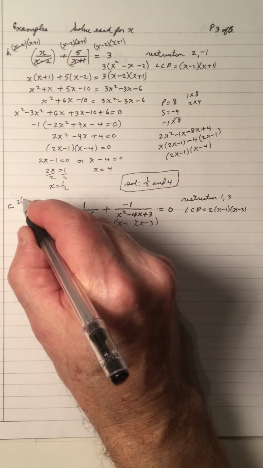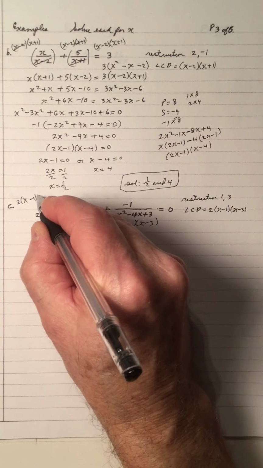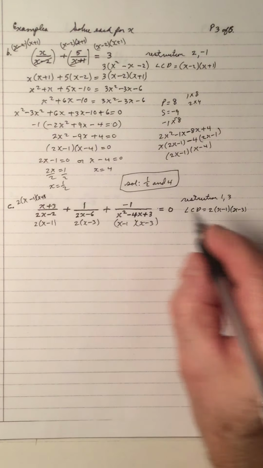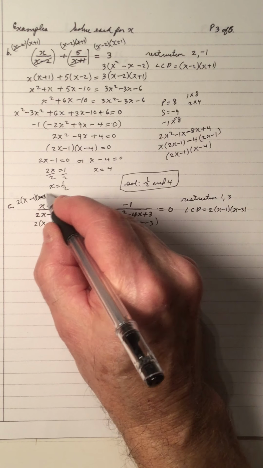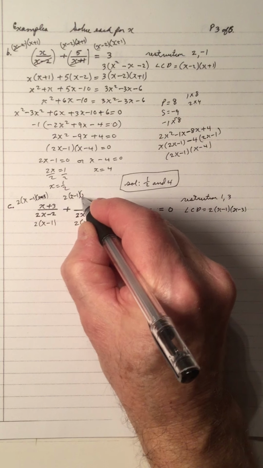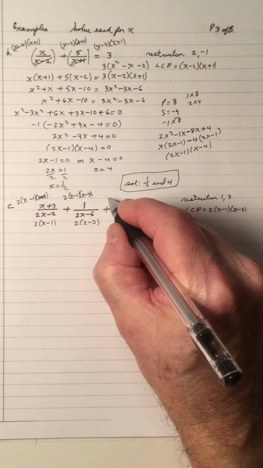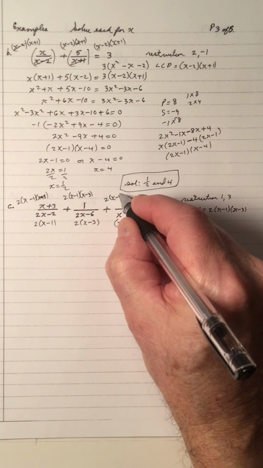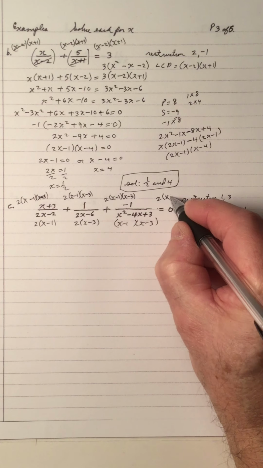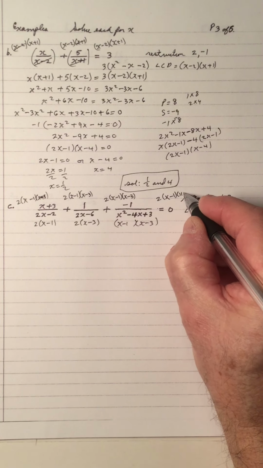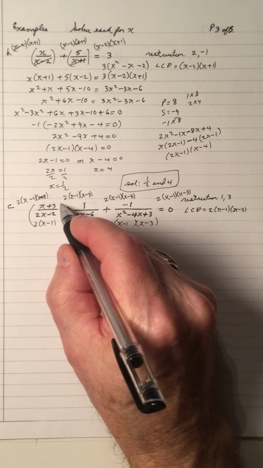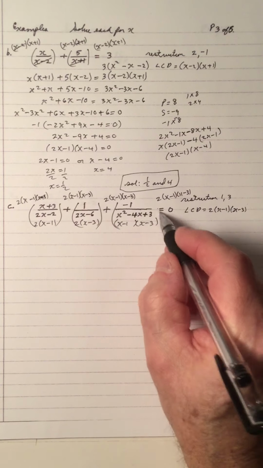So 2 times x minus 1 times x minus 3. So the LCD is multiplied by all fractions. There we go. Just put it in brackets.